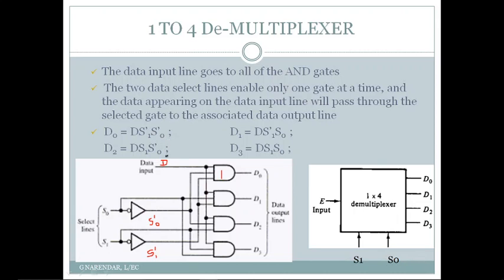Similarly, we can realize the Boolean expression for D1 by using the second AND gate, by giving the inputs as D, S1 bar and S0.